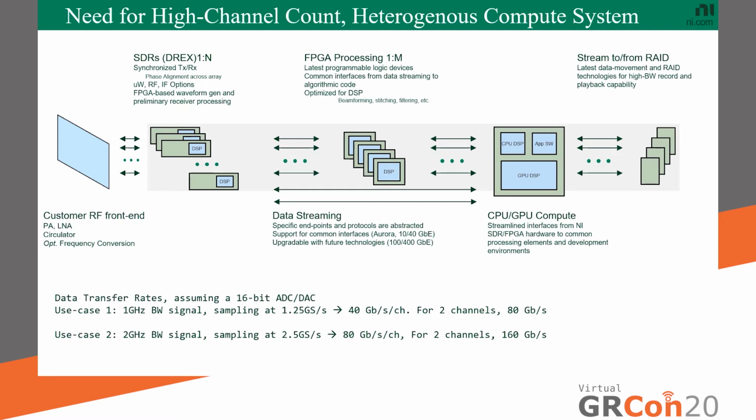Just imagine that you have a 2 gigahertz bandwidth signal and you're sampling with a 16-bit ADC/DAC at 2.5 gigasamples per second. You are looking at about 80 gigabits per second of data per channel. And even if you have just two channels, the data is going to scale up to 160 gigabits per second. So that shows you the large amount of data that is being streamed from the SDRs to the processors.